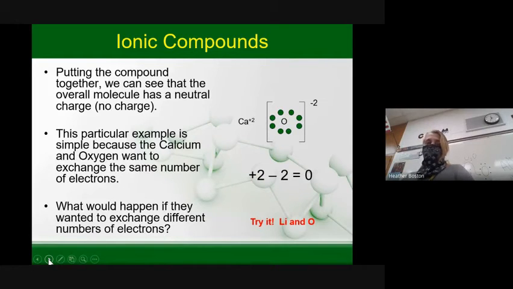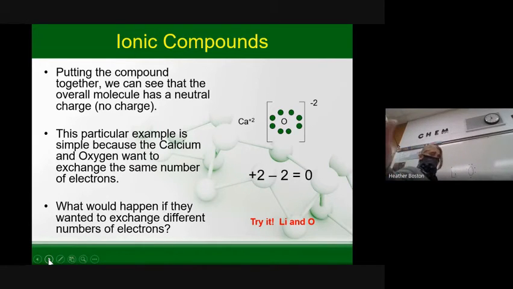Let's try lithium and oxygen. How many valence electrons does lithium have? Let's give lithium his 1 valence electron, like such. And oxygen, 1, 2, 3, 4, 5, 6 valence electrons.